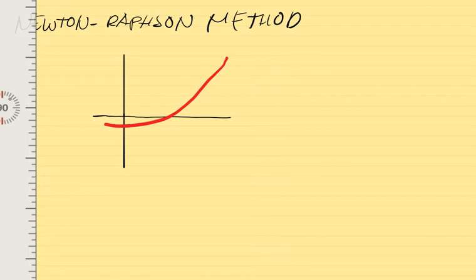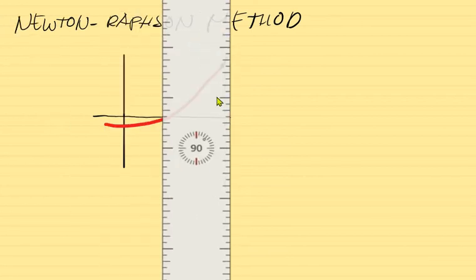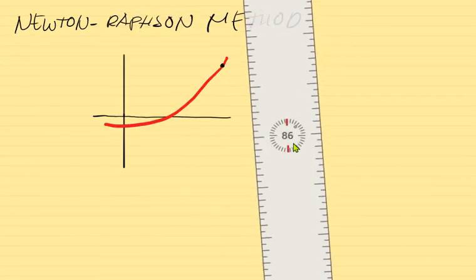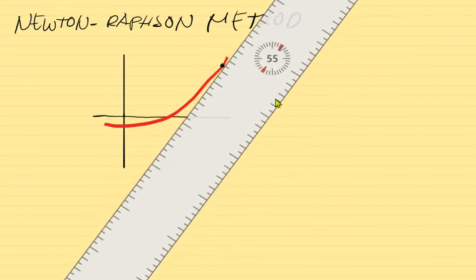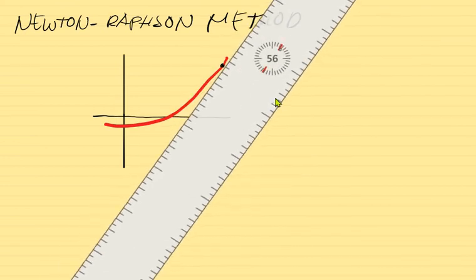if I get a point somewhere here, then if I draw a tangent line to that point, the slope of that curve is actually the same as the slope of the tangent line.